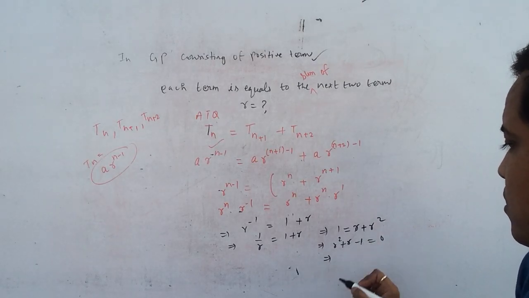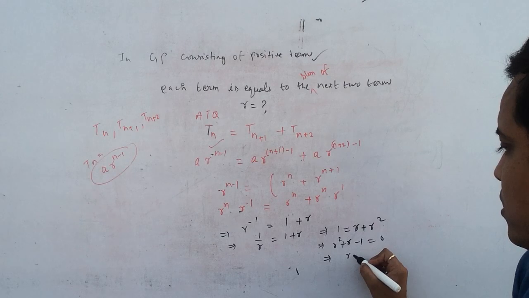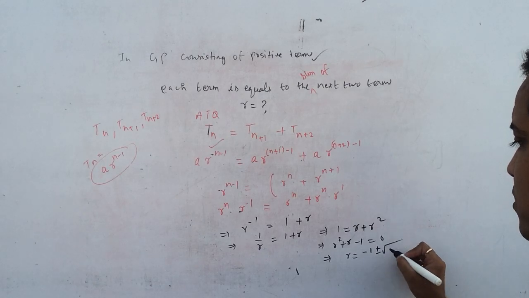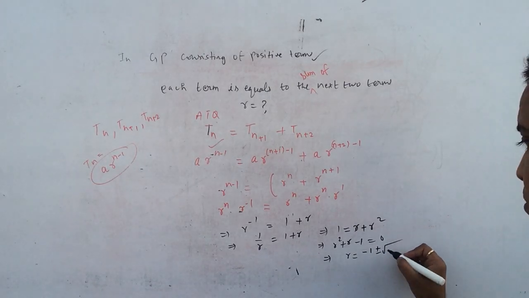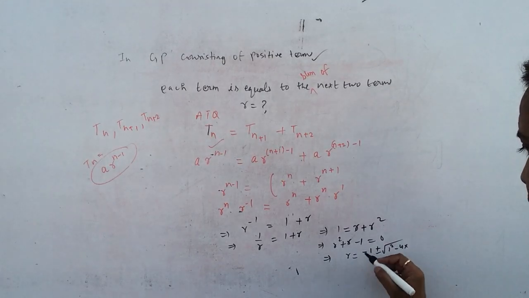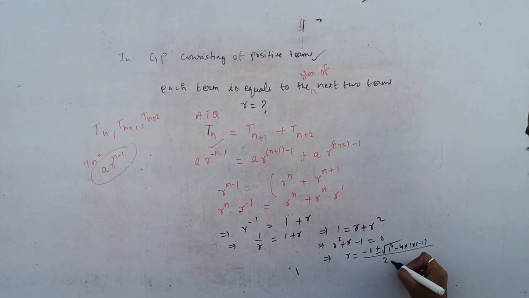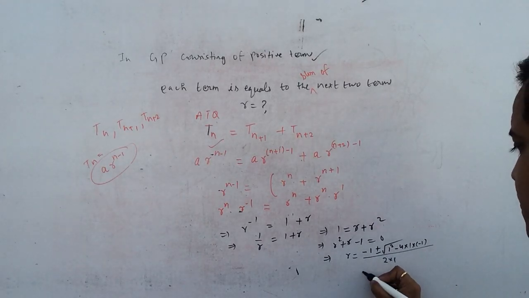So you can apply here, r would be minus b plus minus root D. What is D? D is b square minus 4ac. b square is 1 square minus 4, a is 1, c is minus 1, upon 2a, which is 2.